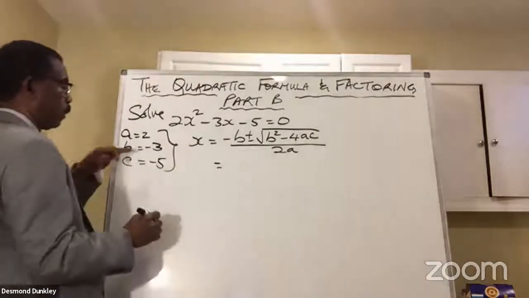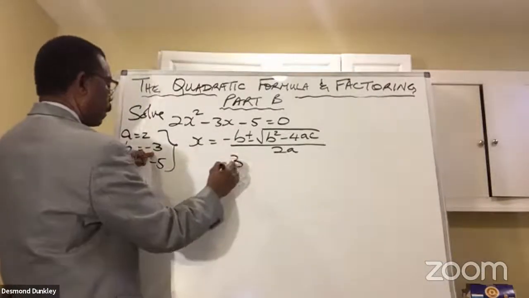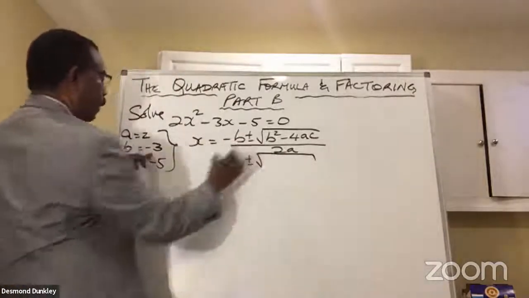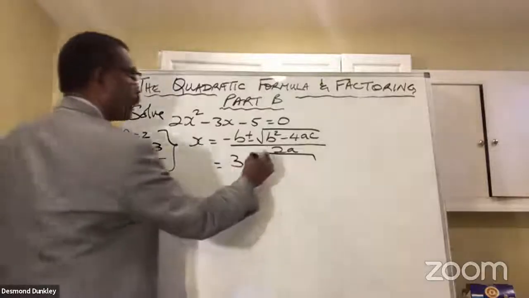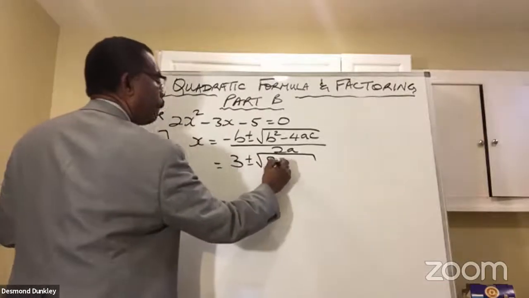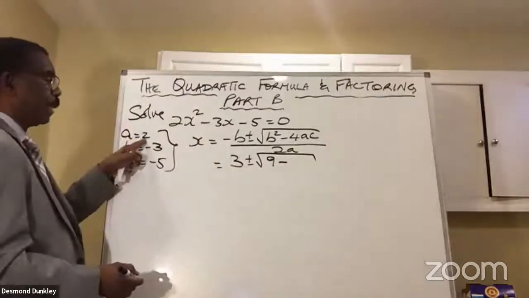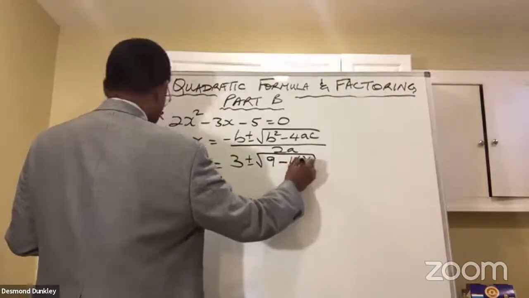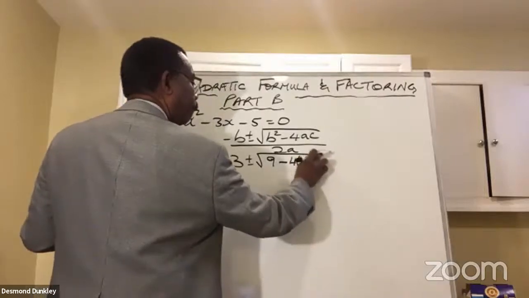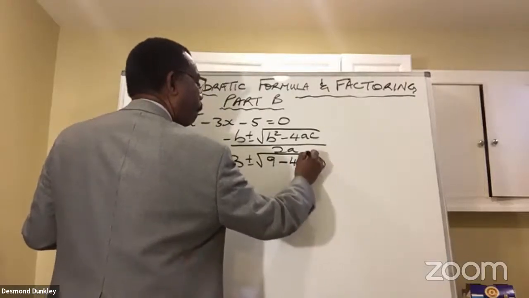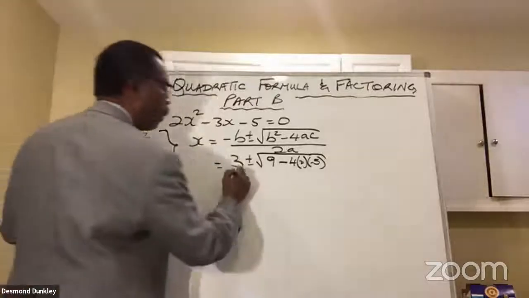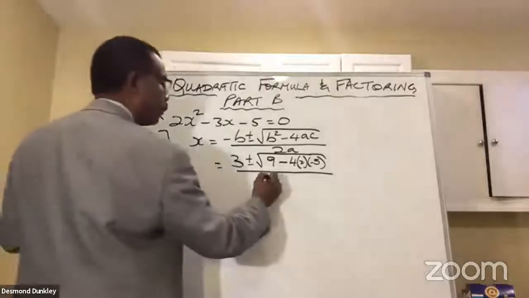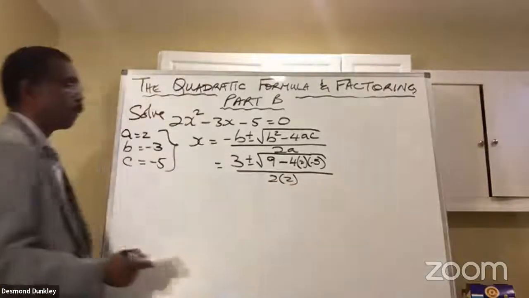So that's going to be equal to minus b, which is 3, plus or minus the square root of b squared, which is negative 3 times negative 3, is 9, minus 4 times a times c. So it's 4 times 2 times negative 5, all over 2 times a. 2 times 2 is 4.